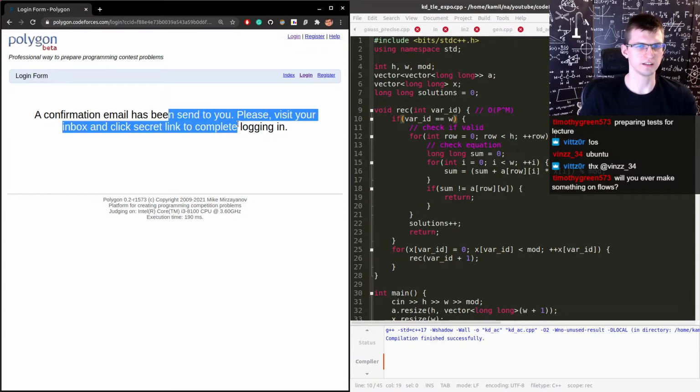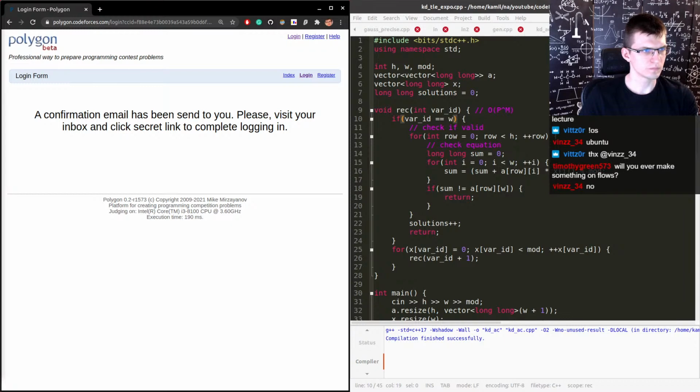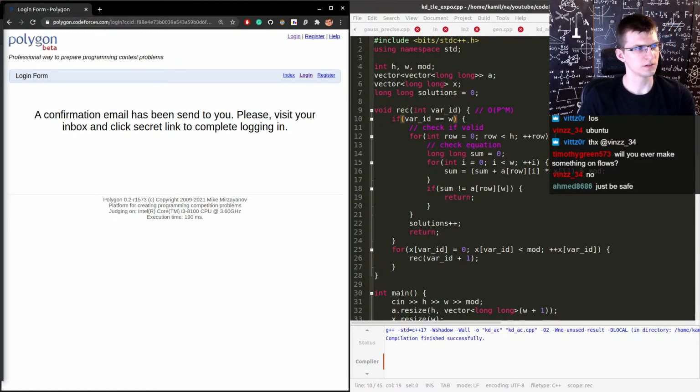And I still didn't get an email. Or maybe it's because I should switch to another email. So if I now open this thing in incognito mode, can I log in?